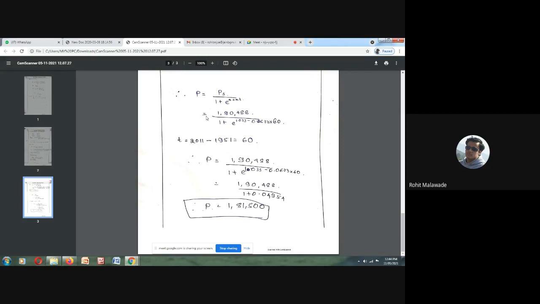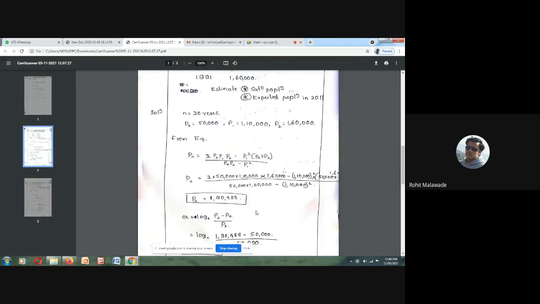T is 60. If we simplify it, we will get the population in the year 2011 as 1,81,500. So this is how we solve the problem by using the logistic curve method.